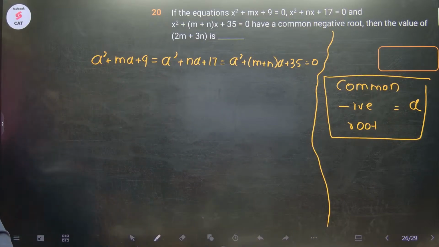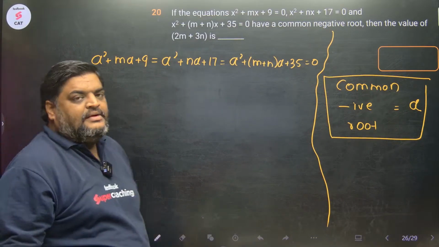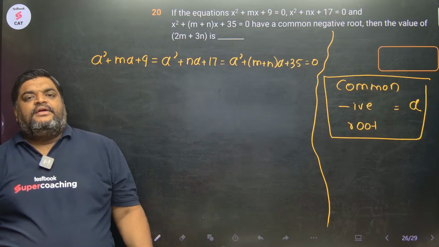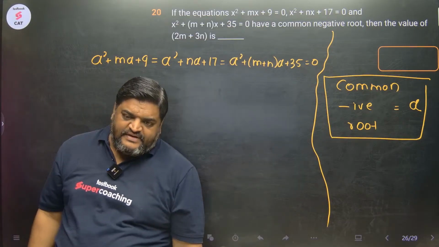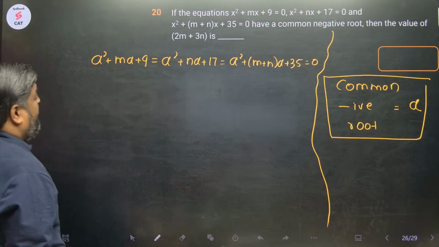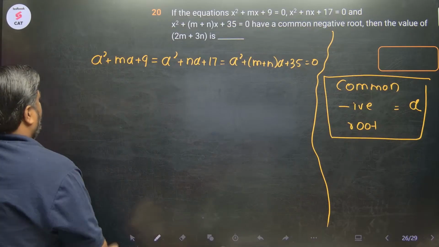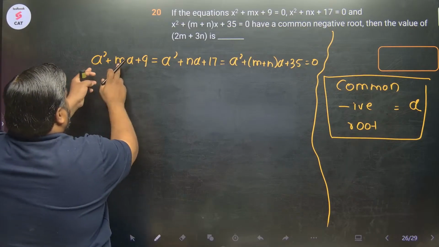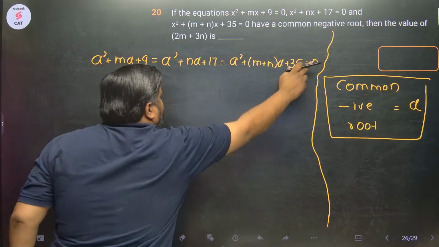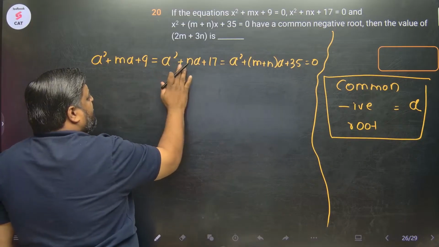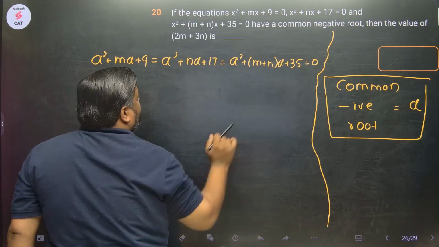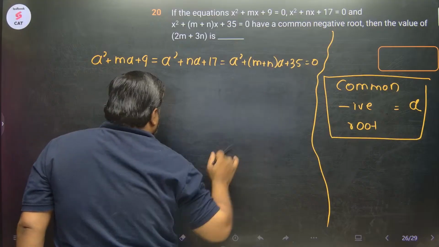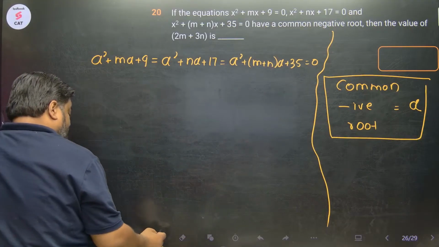Right? You have 3 equations and 3 variables, so they can be solved. This is the first equation, alpha square plus m alpha plus 9 equals 0. Second equation, alpha square plus n alpha plus 17 equals 0. Third equation, this is equal to 0.